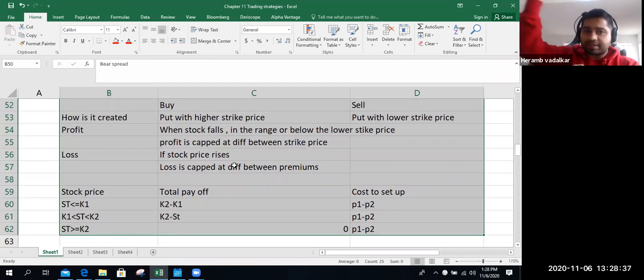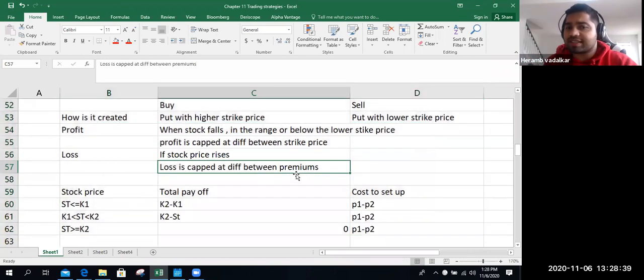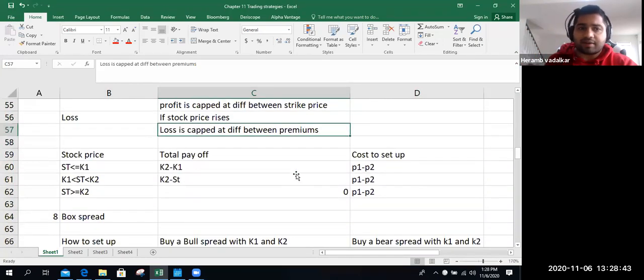Loss if stock prices rise, but loss is capped at the difference between premiums, that is the cost to set it up. So if stock is below the strike price, payoff is difference between strike prices. If stock is between those two strike prices, payoff is the higher strike price minus the stock price.